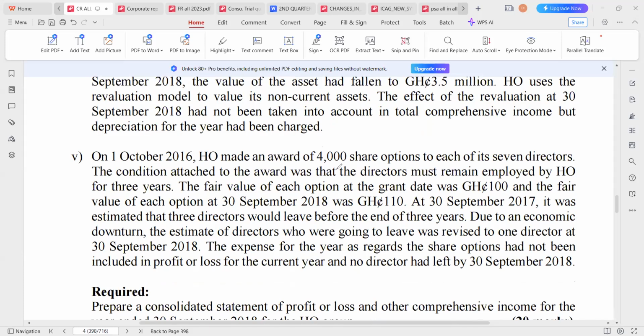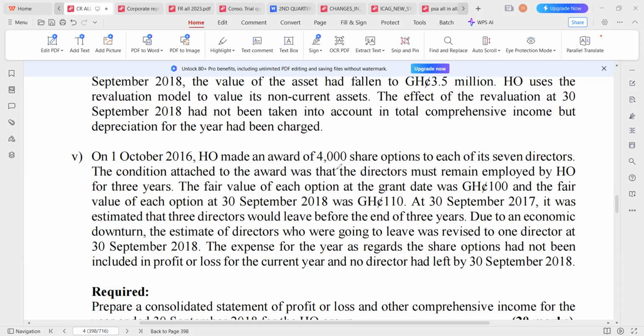The good news is that most of all the IFRSs in consolidation always affect the parent. The day the examiner will change his mind and let all of them affect the subsidiaries, that one will be a disaster. We will call it a national funeral. Earthquake. Because if a lot of standards affect the subsidiary, it will make the consolidation a bit complicated, and the likelihood of getting a lot of things wrong will be high.